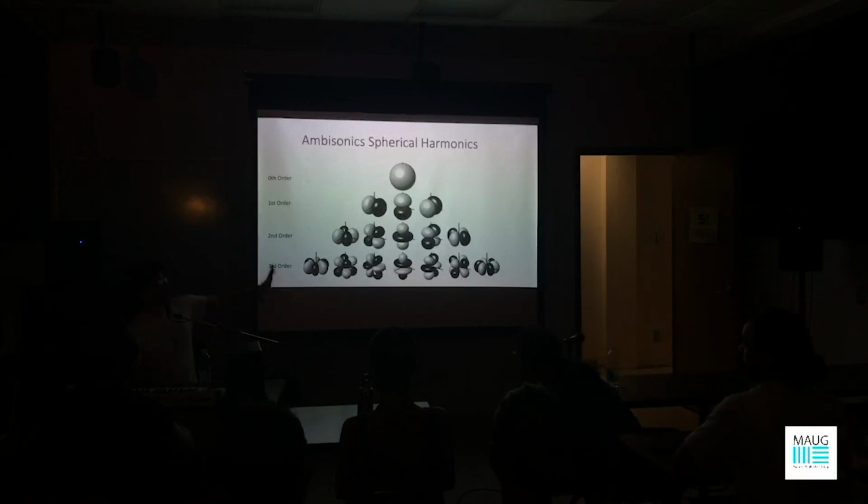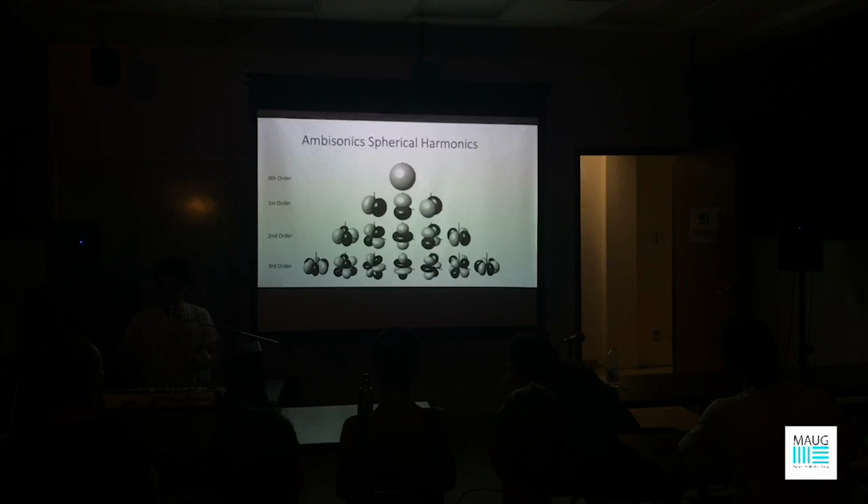You can see the zeroth order is just omni, just one channel, and then first order is omni plus these three, which you can think of as left and right, front and back, and up and down. In the second order you're adding additional harmonics, and you get greater and greater fidelity as you add these channels.